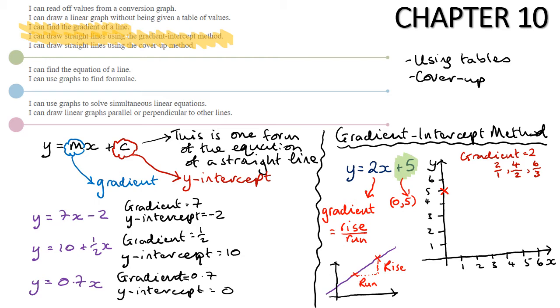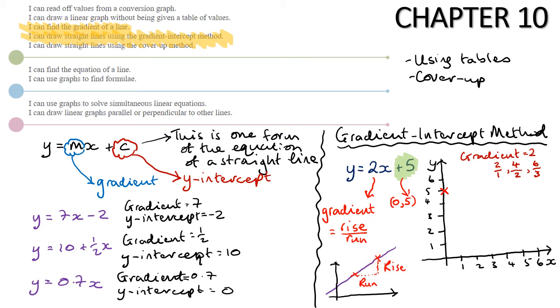Now what I'm going to do is from the point that I've already drawn, which is here, I'm going to use this. That gives me a gradient of 2. All of these give me a gradient of 2, but I'm going to pick the smallest one. So what does this mean? That means from this cross here, I'm going to go up 2 and across 1. A rise of 2 and a run of 1.